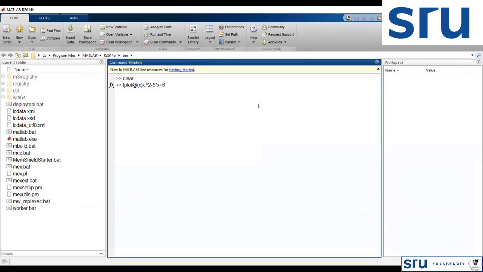Then write the limit, minus 5 to 10. Here a comma is missing, and you have to close the bracket. Okay, now this is correct.